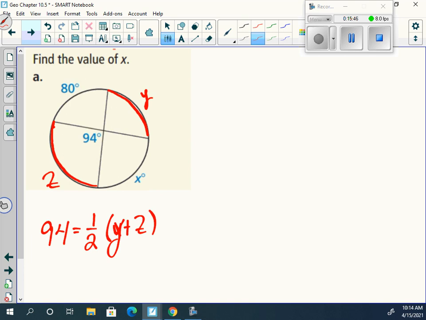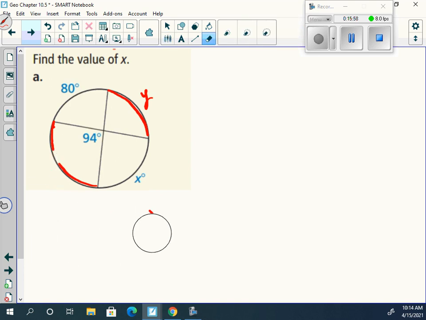Well, that's not what we want to find, because we don't really care about the measure of y or z, because it's not asking for either one of those. But what is it asking for? X. So we're not worried about any of those. But it would be helpful to know which angle.